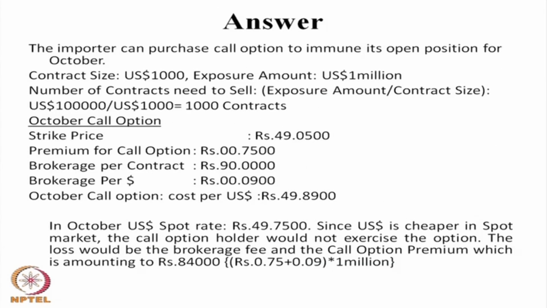Now, what will we do? The importer needs to purchase US dollars, so he has to buy contracts. The contract size is $1000. So for 1 million, how many contracts to purchase? One contract size is $1000, and he needs US dollar 1 million.